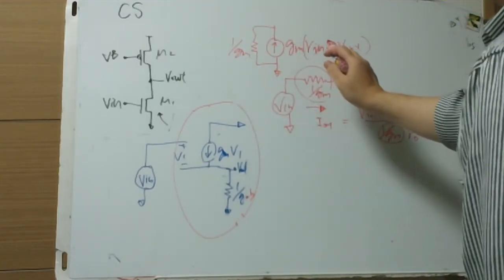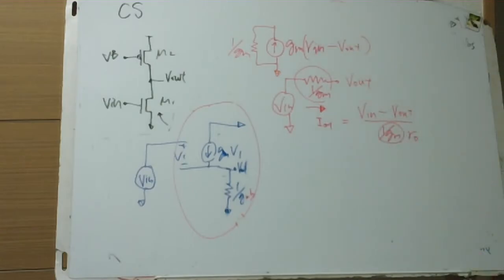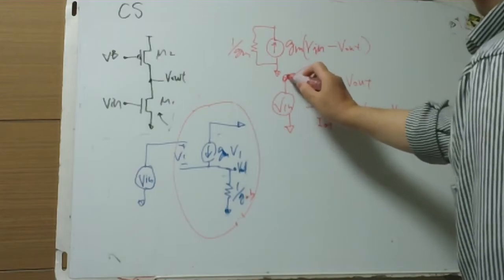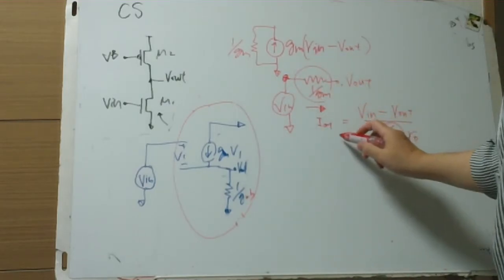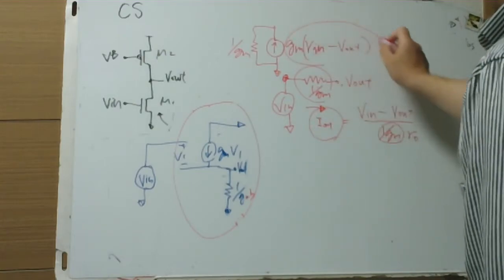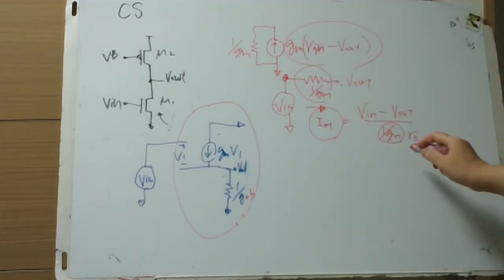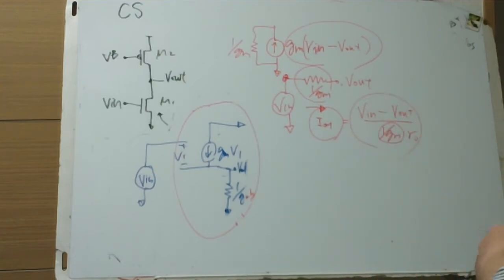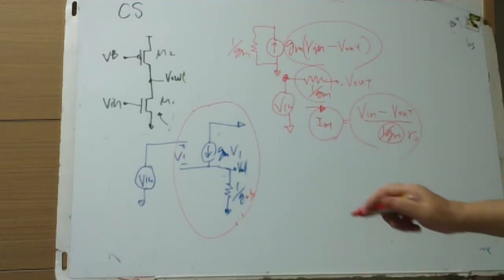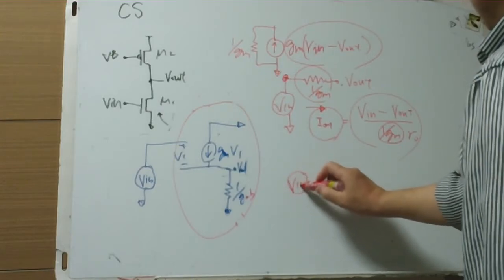This time this is going to be V in minus V out. And this current is this current. So this is right.